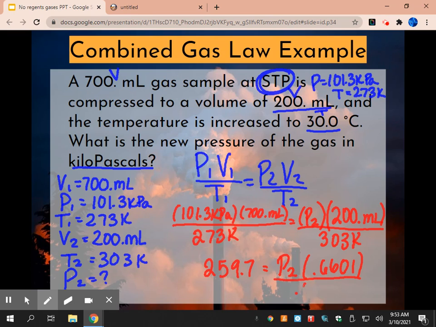So then we isolate the P2 by itself. 25.97 divided by 0.6601.